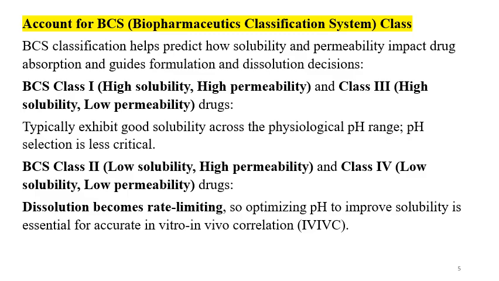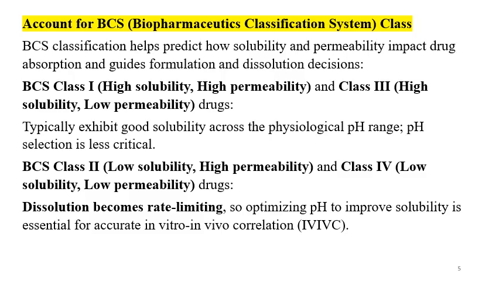Account for the BCS class. So there are 4 BCS classes: BCS 1, 2, 3 and 4. BCS class 1 and 3 are highly soluble. BCS class 2 and 4 are low soluble. Also, we need to check the pH dependency on the solubility, or in other words the pH dependent solubility.